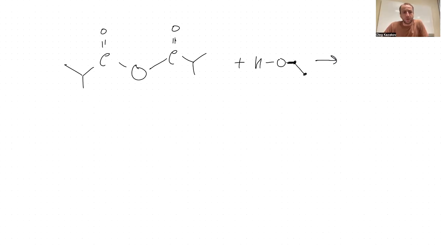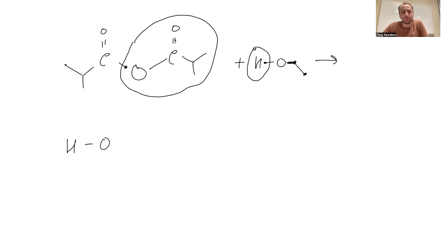This part and that part will be connected. Guess what they're going to make? An acid. So an acid will be produced as a result of this reaction, and the ester will be produced.